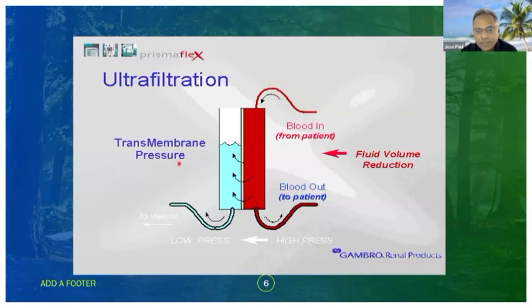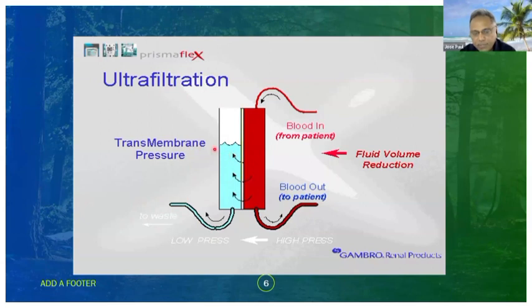So this is a depiction of the dialysis filter. The blood comes in from the patient and goes out of the blood end of the filter, and you have the dialysis fluid coming in, and the ultrafiltrate goes out as spent dialysate. Because of ultrafiltration, only the water moves from the blood compartment into the dialysate compartment.